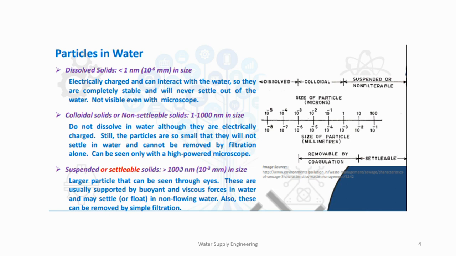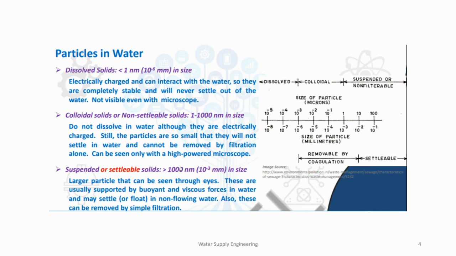The particles are so small that they will not even settle in water. But when it comes to suspended or settleable solids, the particles are large enough to be visible with our naked eyes. And these are kept in suspension by buoyant and viscous forces.